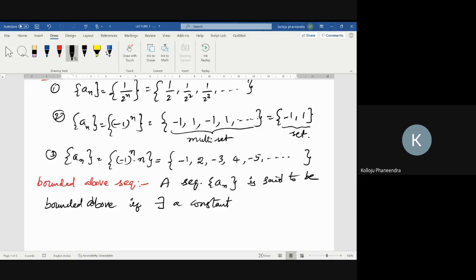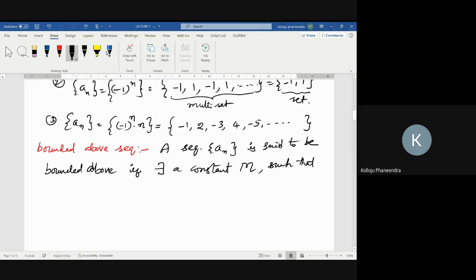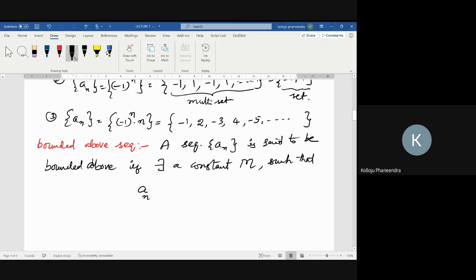If there exists a constant capital M such that a_n is less than or equal to M, this is true for all n. This is called bounded above sequence.